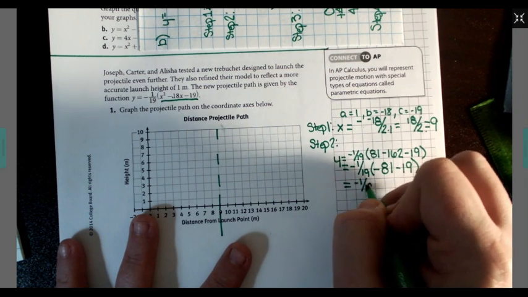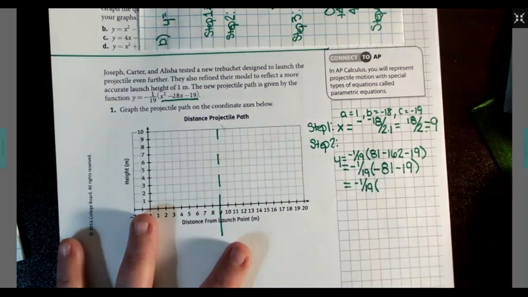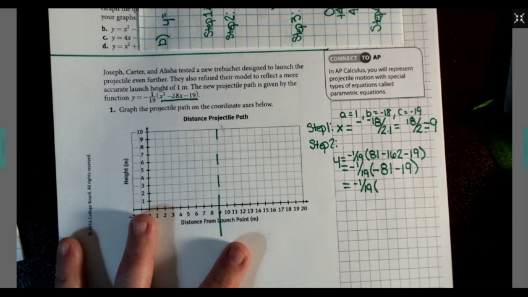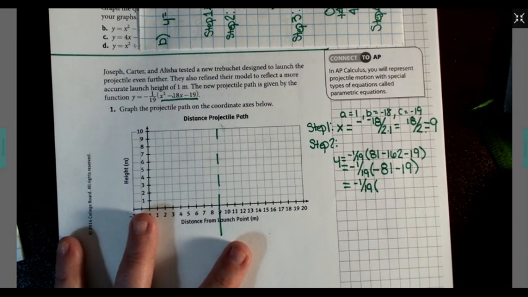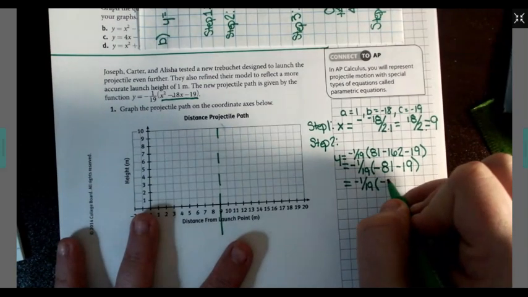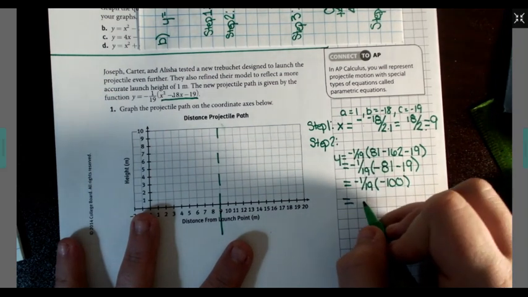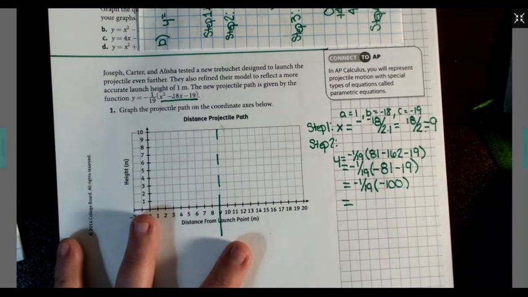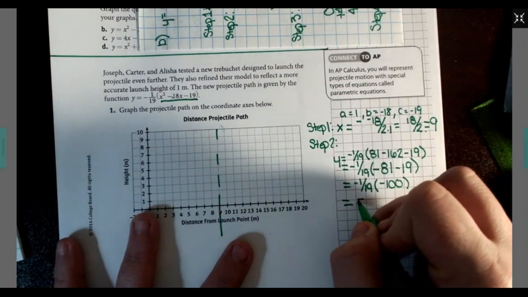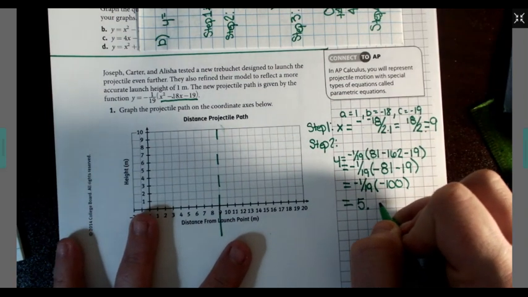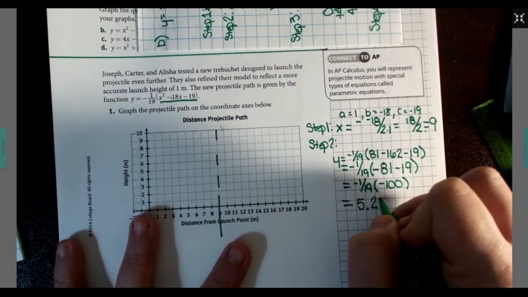So -1/19 times -100. Well, a negative times a negative is positive, and we're basically doing 100 divided by 19. That gives me approximately 5.26-ish.